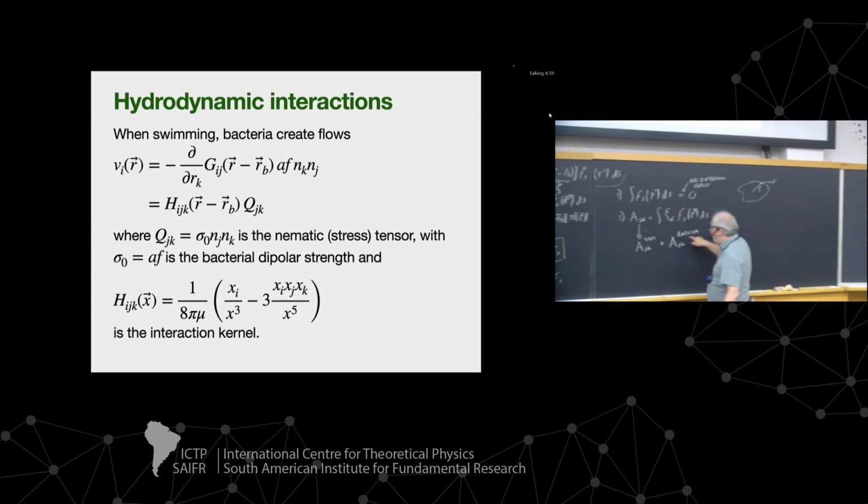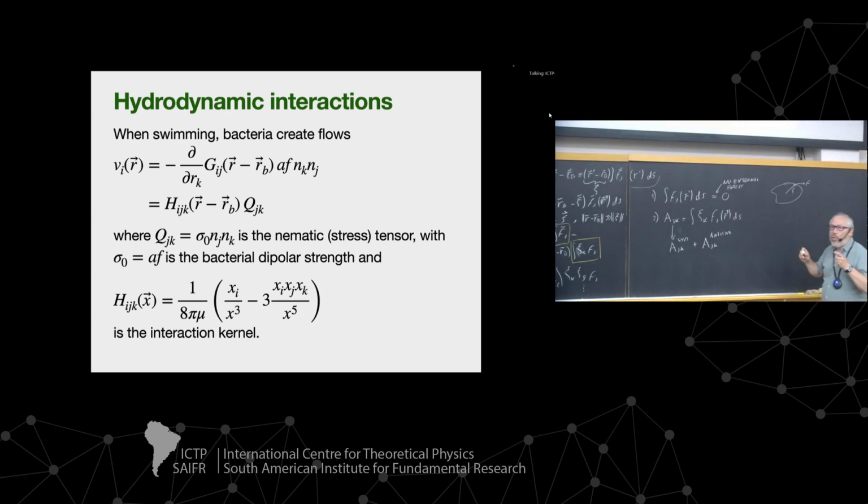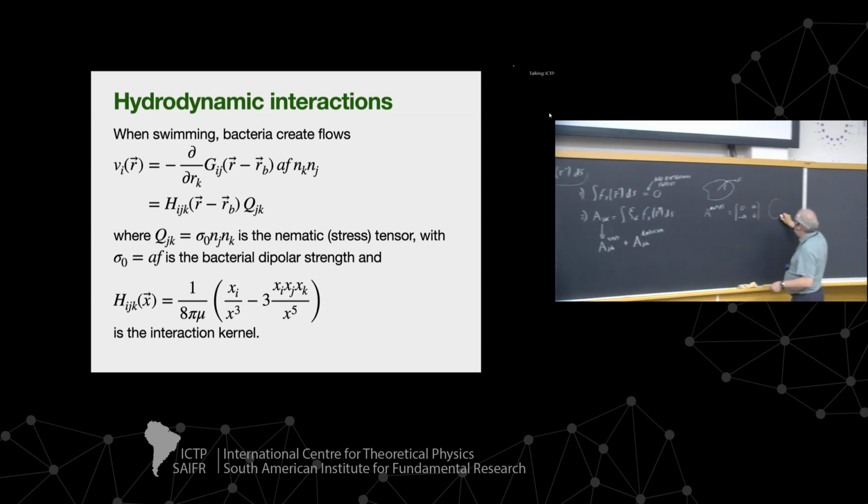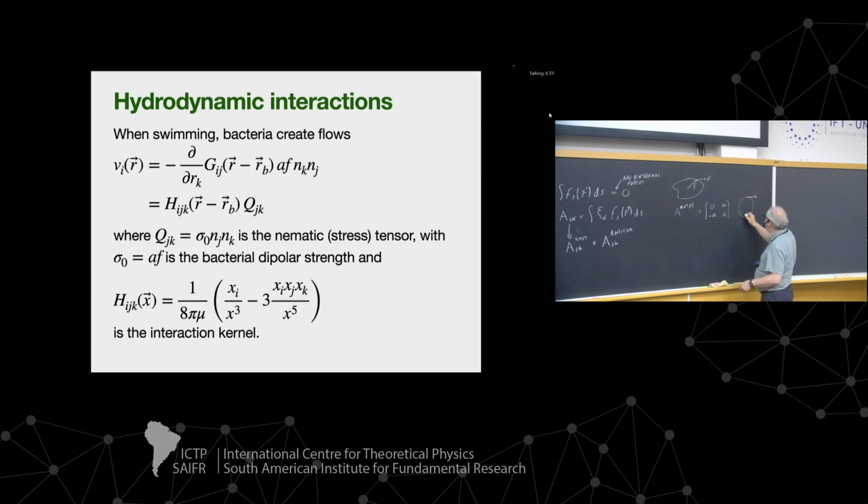Okay, the antisymmetric part is associated to what? It means, for example, that it has terms like A minus A transpose, for example. This means that when you have your body, you have a force like this and a force like this.